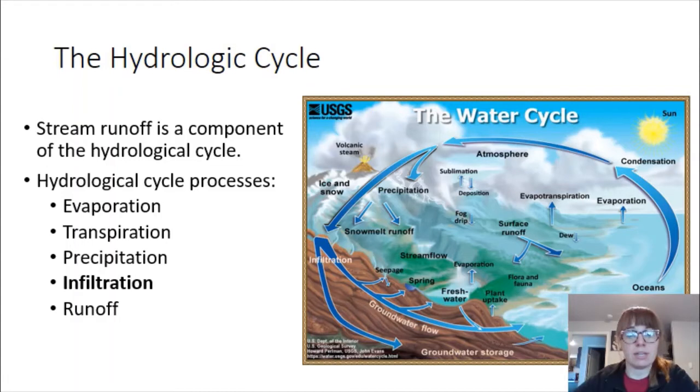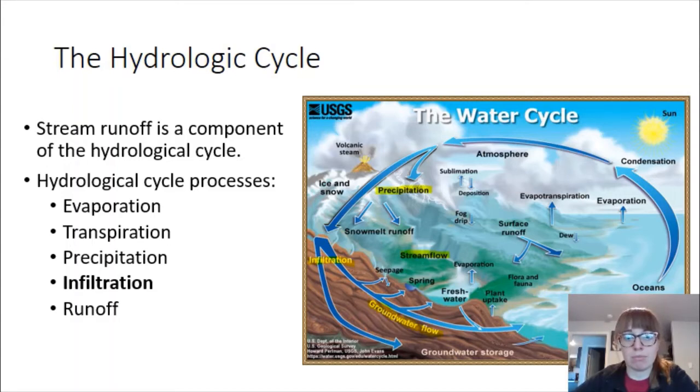And once it's precipitated onto the landscape, it can do one of two things. So over here in the diagram here, I'll highlight precipitation for you. And once it precipitates onto the landscape, it can either run off as stream flow and enter into the ocean, or it can infiltrate into the ground and become part of the groundwater portion of the hydrologic cycle or the water cycle.